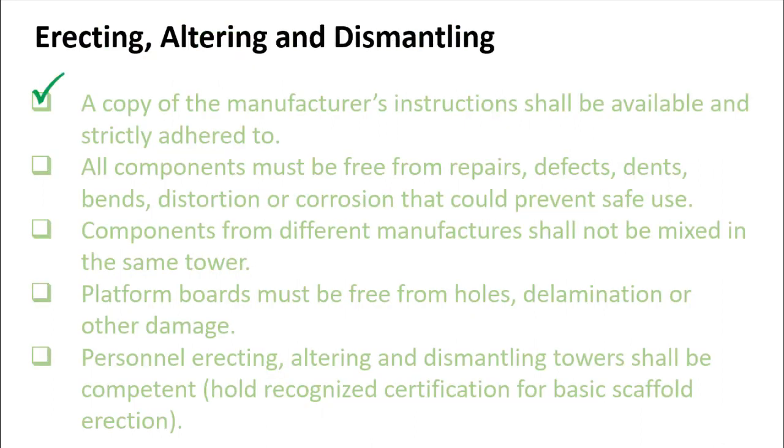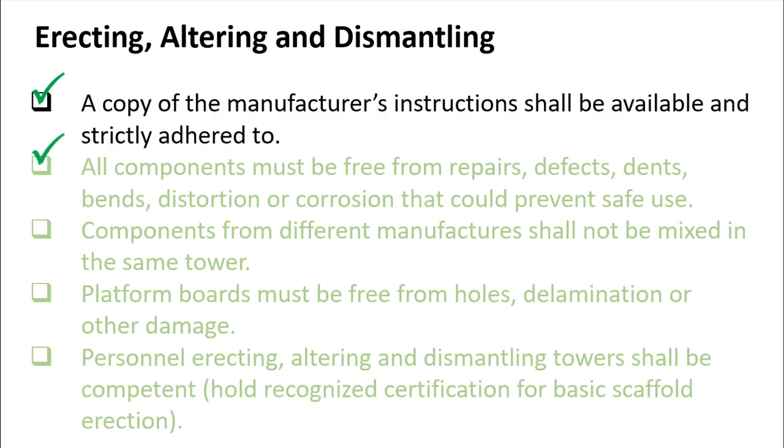On erecting, altering, and dismantling of mobile scaffold, there are requirements such as: a copy of the manufacturer's instructions shall be available and strictly adhered to. In the manufacturer's instructions or manual, you can find the safe erecting, altering, and dismantling of this scaffold, even the use of the mobile scaffold.